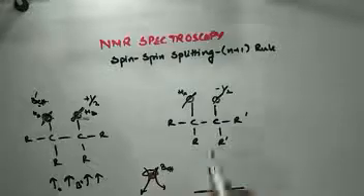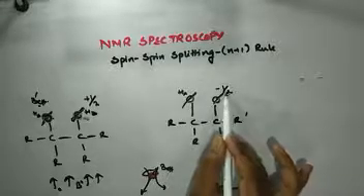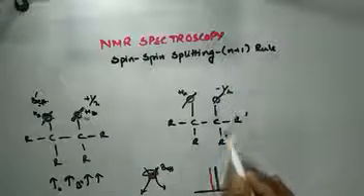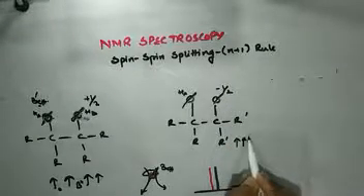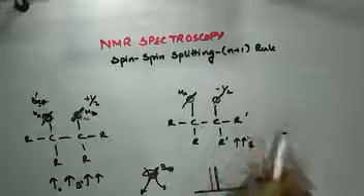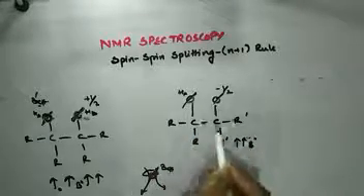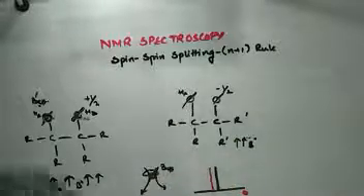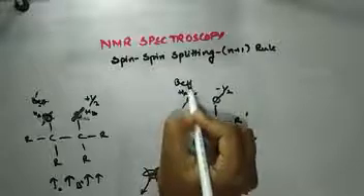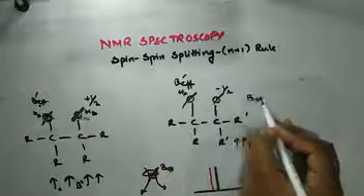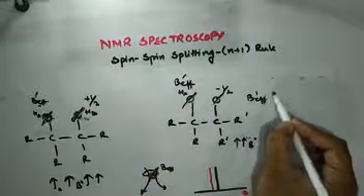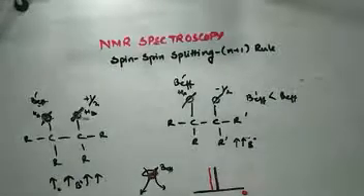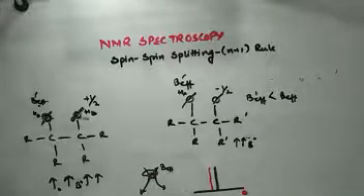In this case, since the nucleus is arranging itself opposing the external applied magnetic field B0, the resulting magnetic field, B effective dash, will be lesser than B effective, where B effective is the magnetic field when there is no adjacent nucleus.